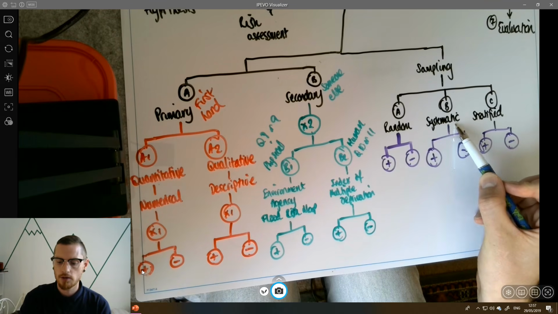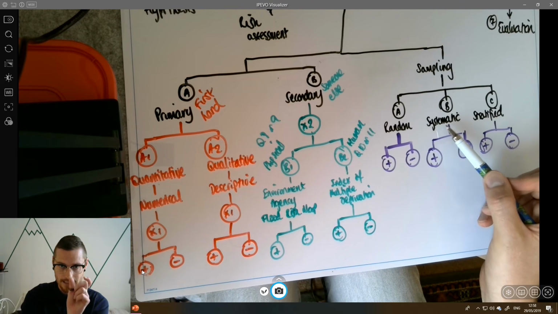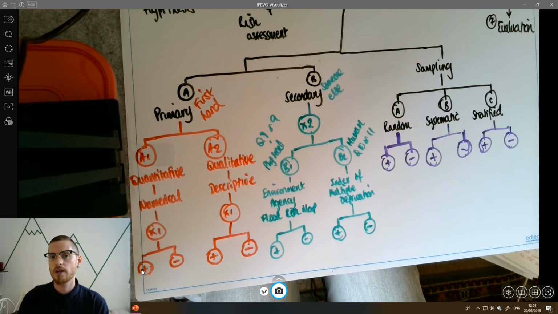So one thing I could do is sample them, take a snapshot, a snippet, systematically, and I could question them, collect data in a system. That's what we mean by systematic. Come up with a system to collect data and sample on. So I could say every 5th student.